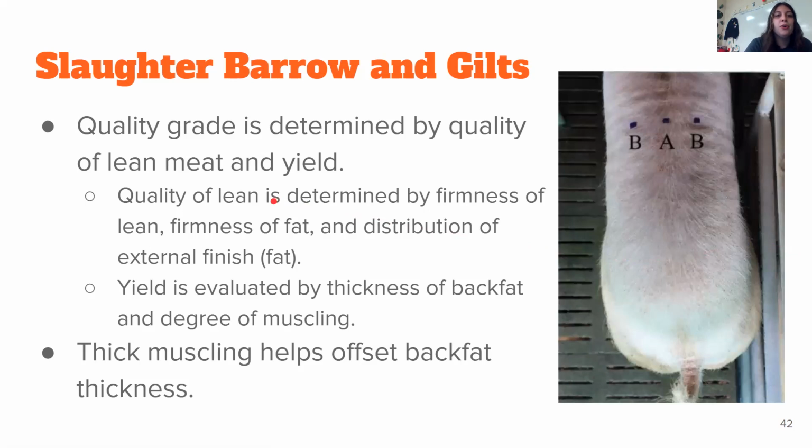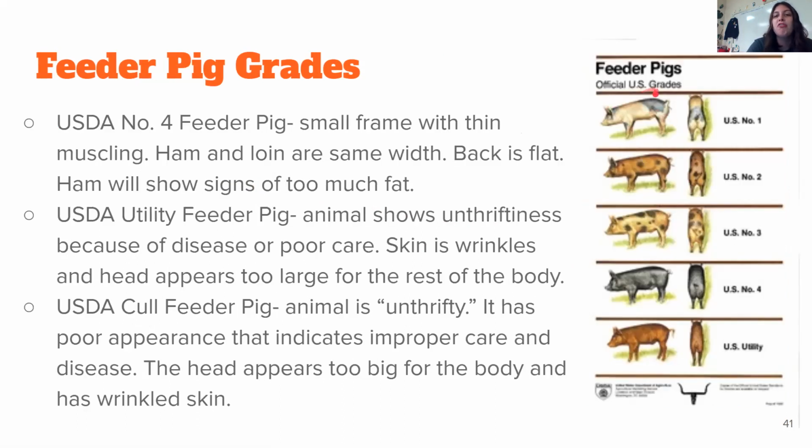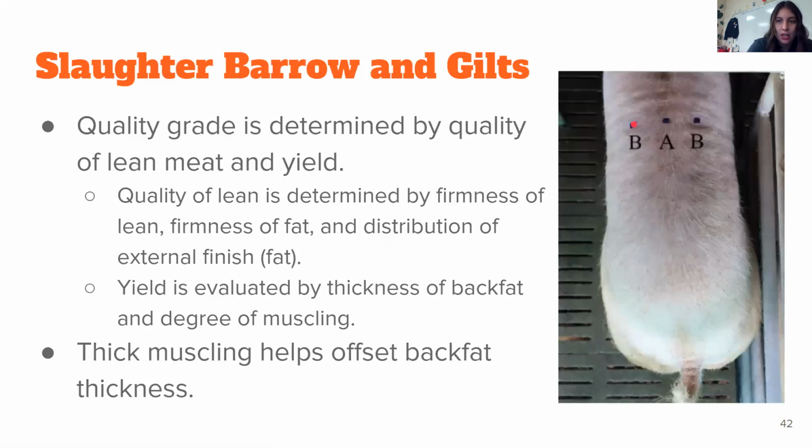All right. So this is essentially a picture of what I was just saying about where we're going to look for the pig's muscle. So A right here is right along their spine.